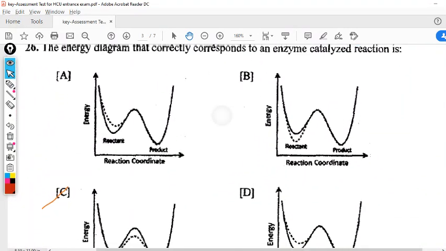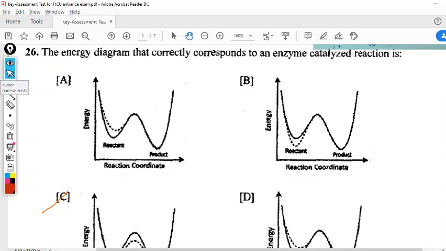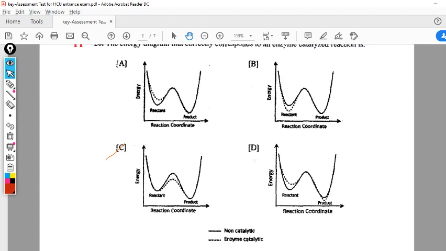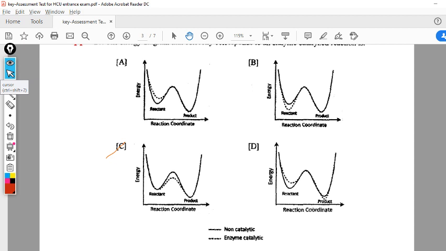Next, the enzyme catalyzed reaction. Basically it is concept oriented. Enzymes catalyze and enhance the reaction by decreasing the energy of the intermediate or activated complex.